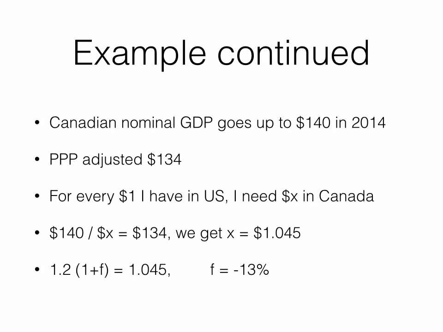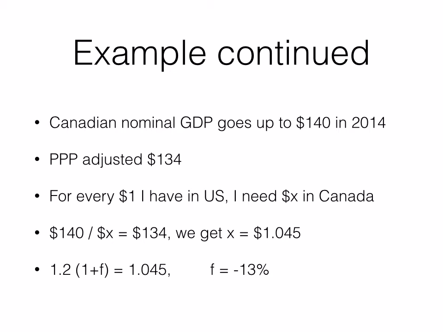So let's assume now that the Canadian GDP goes up to $140 in 2014. A year later, we look again at all the commodities and services produced in Canada, multiply with their prices in 2014, convert to US dollars, and we have $140 as their GDP. Then we look at the price difference in 2014 in the US and in Canada.